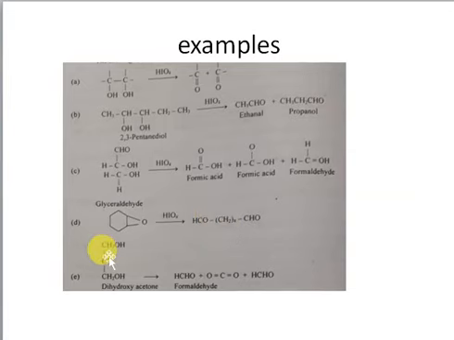Alright, so last example, we have dihydroxyacetone, right? So this is acetone, and on each carbon we have a hydroxyl group. So what happens is that we have to break this bond between the carbonyl and this alcohol, and we will get formaldehyde.